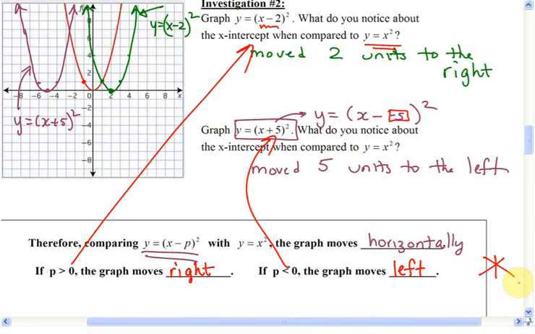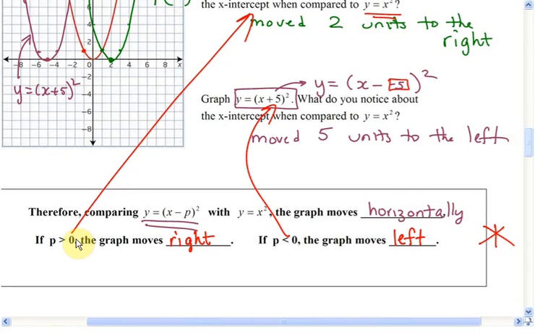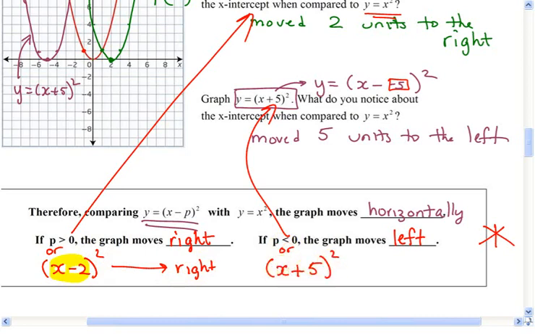Or, okay, and please underneath do this. I left you some space. Or, if you're going to look at the actual entire function and say x minus 2 all squared, so you see this x minus number, then yes, this also means you're going to the right. Where in this other situation, if you see this plus a number, that means it goes to the left.